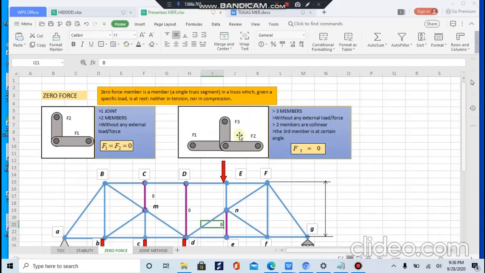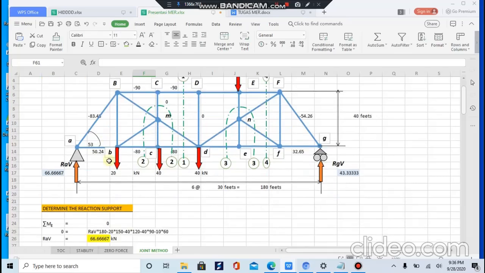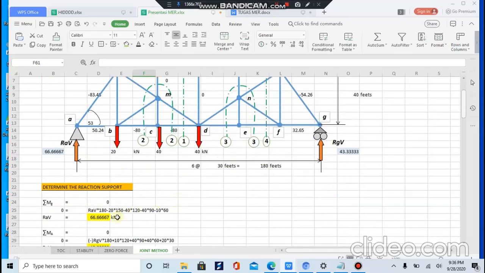Next, we will discuss truss analysis. Before determining the forces of each member, we have to look for the reactions that work on its supports. We can find them using the nature of moment, that sigma M is equal to 0.